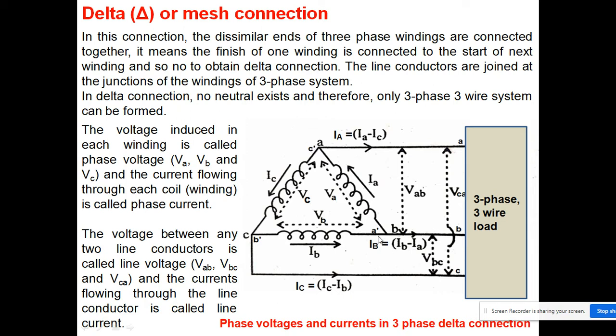Same you can see here: B is the high potential terminal, A dash is the low potential terminal. Here B dash is the low potential terminal and C is the high potential terminal.